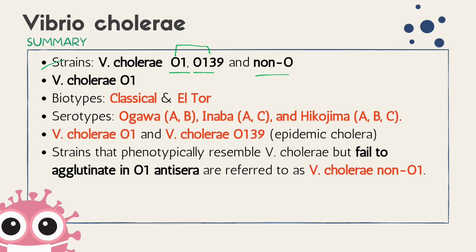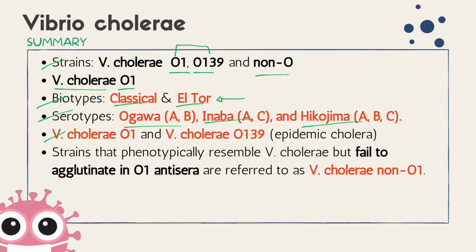Vibrio cholerae O1 is the most established one, which has biotypes of classical and El Tor. El Tor is now the most common or prevalent biotype that causes pandemic cholera since 1996, and this Vibrio cholerae O1 also has serotypes such as Ogawa AB, Inaba AC, and Hikojima ABC. So again, O1 and O139 are the causes of pandemic cholera.